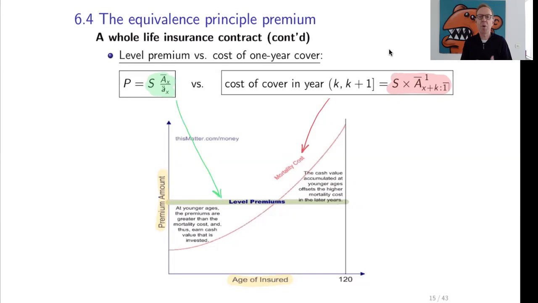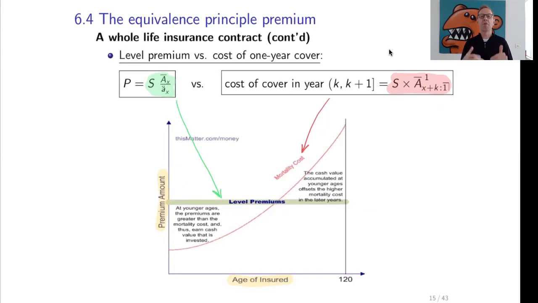What is the price now of receiving 1 if I die in that year between age x+k and x+k+1? Then the cost of that 1-year contract is S times A¹_{x+k:1}, where x+k has to die in the year.